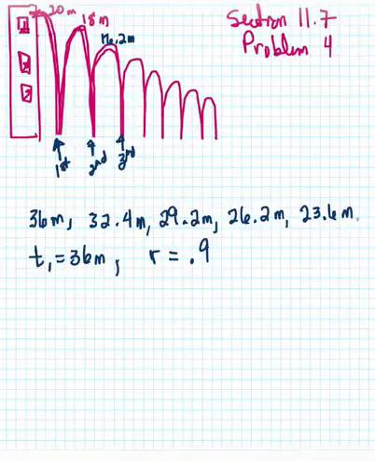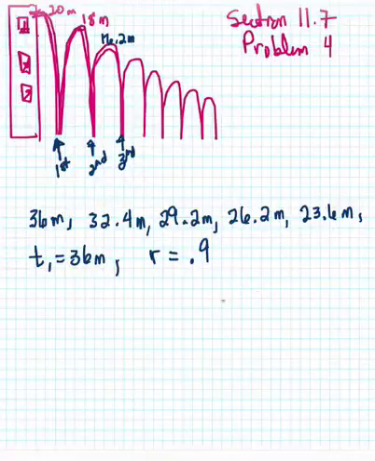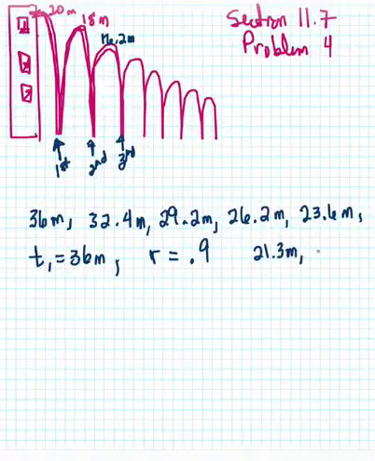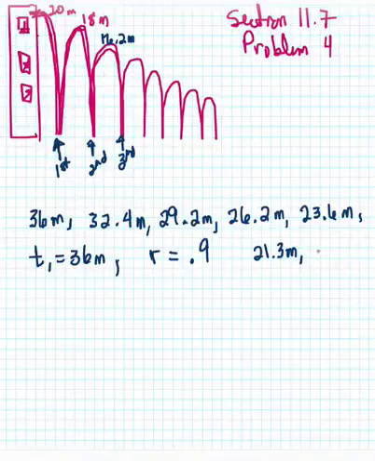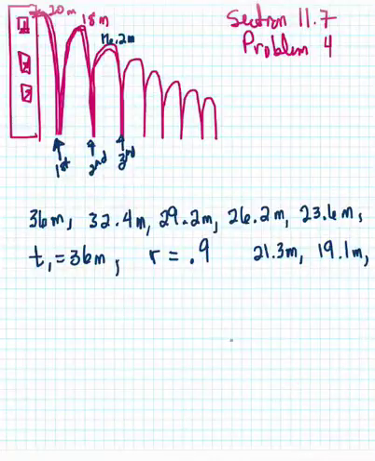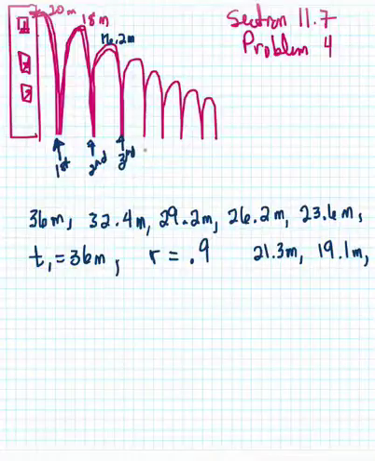And then I'll multiply that by 0.9 again, I get 21.3 meters. And then I'm going to multiply that by 0.9 again, and I'm going to get 19.1 meters. Etc. We could just keep going here. Getting carried away. I don't have to go that far, I don't think. But as usual, I get carried away.